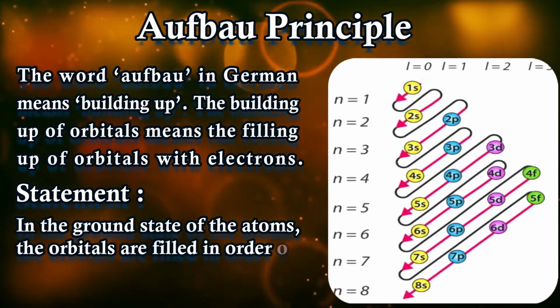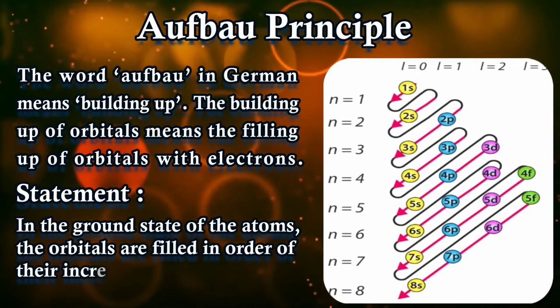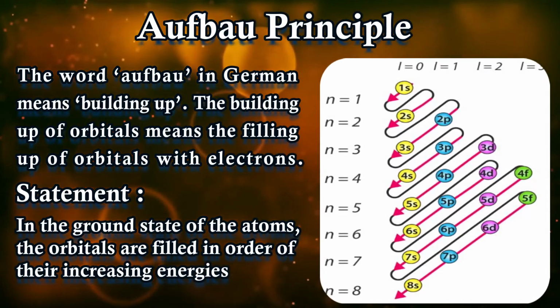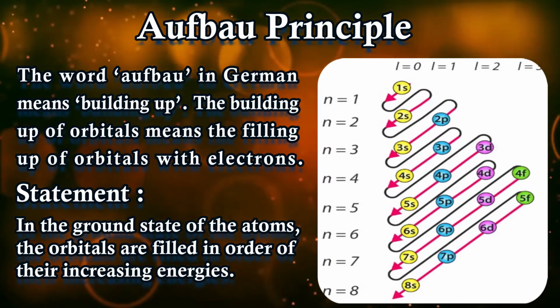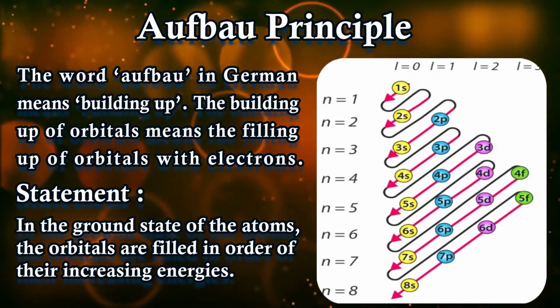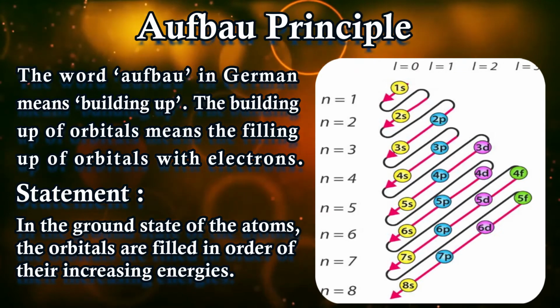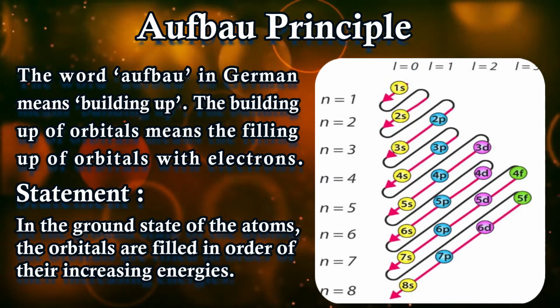The first and second electrons will enter the 1s subshell accordingly. After 1s is filled, we move to the 2s subshell. The next 2 electrons, the third and fourth, will enter the 2s orbital. This is so because 2s has more energy than the 1s orbital.